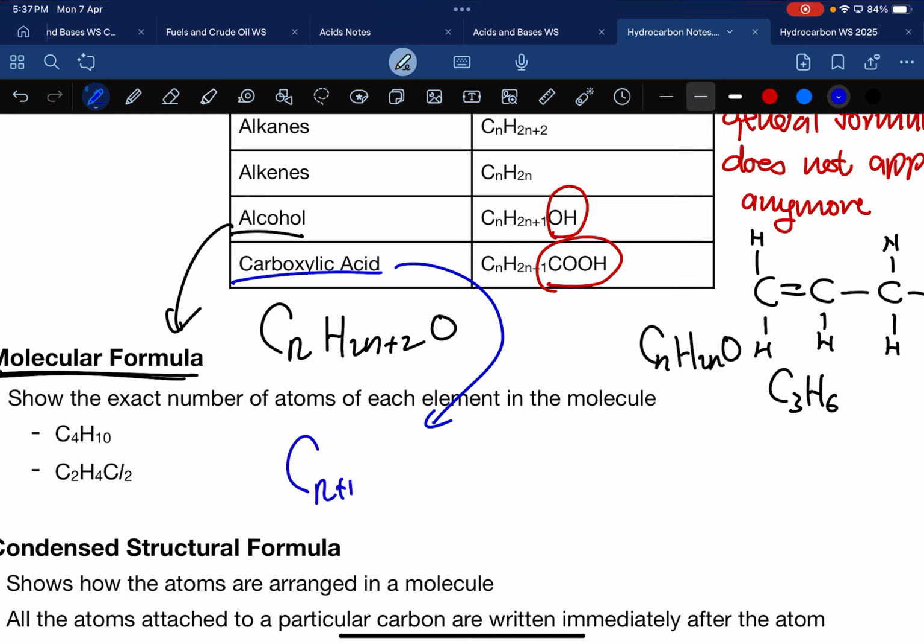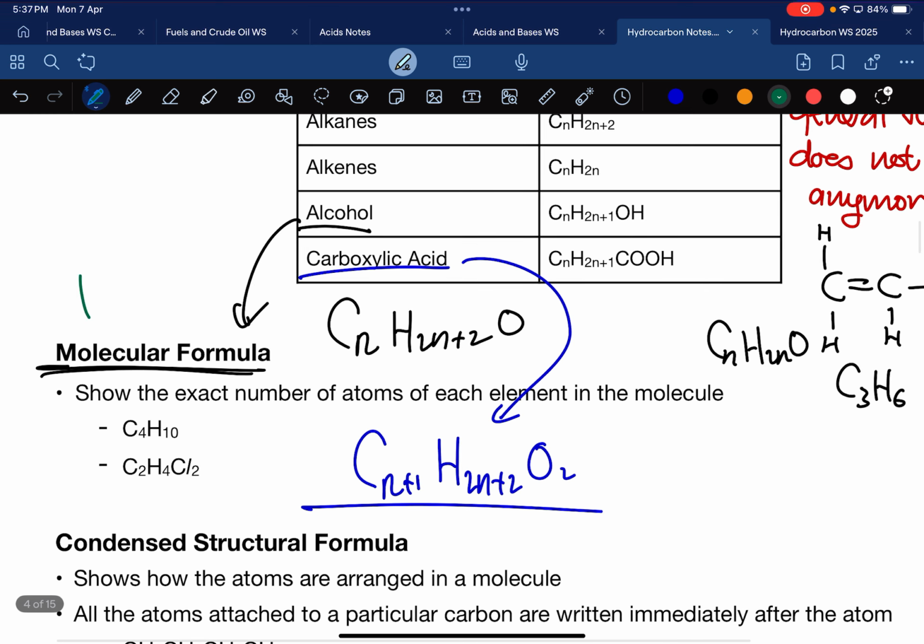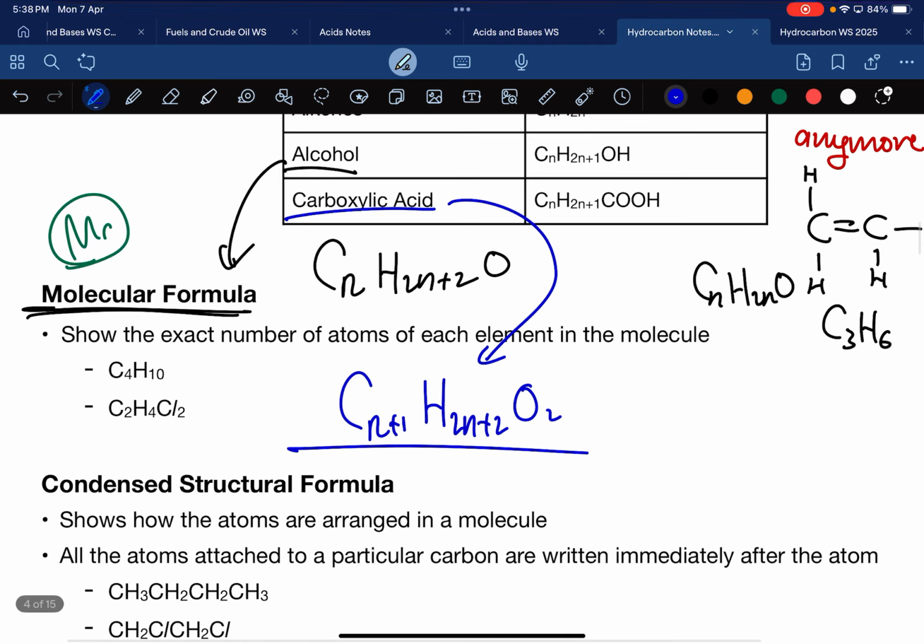Cn+1, H2n+2, then O2. Okay, it looks slightly nicer, I suppose, but it gives us zero information. Molecular formula is very, very good for Sec 3. Up till this point is good for you guys because it gives information on Mr. Because that is just math, but beyond this point, as long as we're talking about reactions that can undergo, molecular formula becomes useless. Fair?